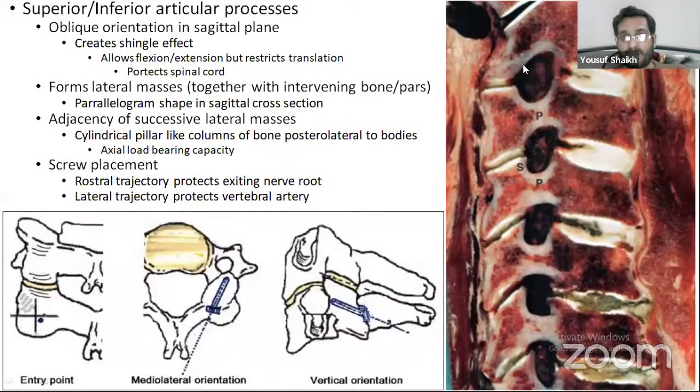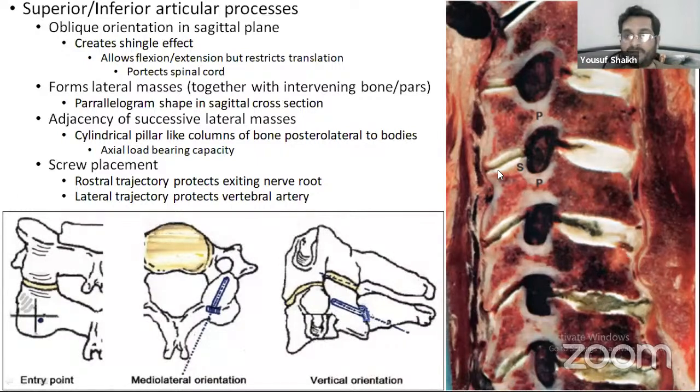If you look at the lateral aspect, we can appreciate that if you go from upper to lower cervical spine, the facets tend to get more angulated, from horizontal to more oblique orientation. Now, this oblique orientation is important because it allows the gliding movement of the true synovial joints and flexion extension movements.